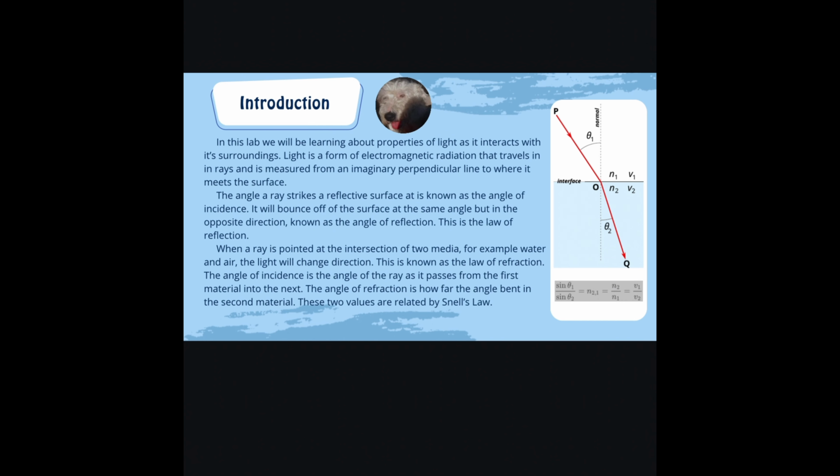In this lab, we will mostly be focusing on the sines of the angle of incidence and the angle of refraction and the ratio of the refractive indices.